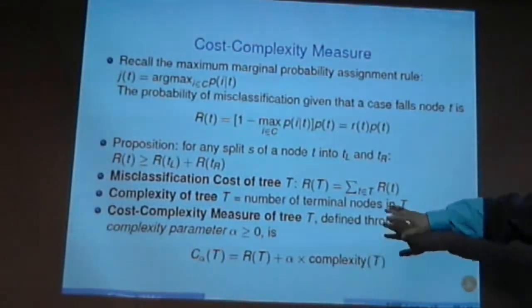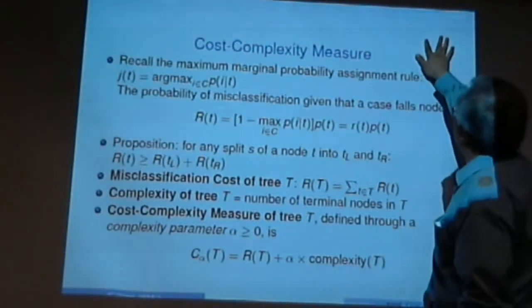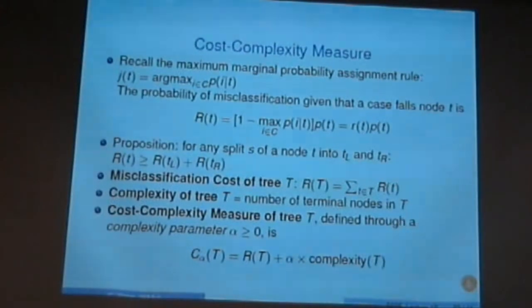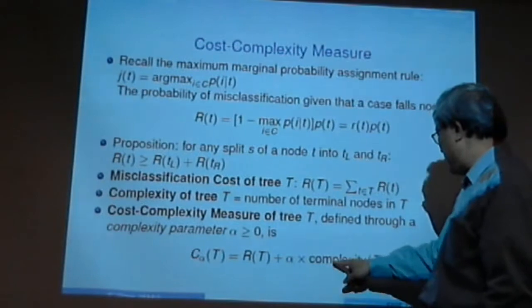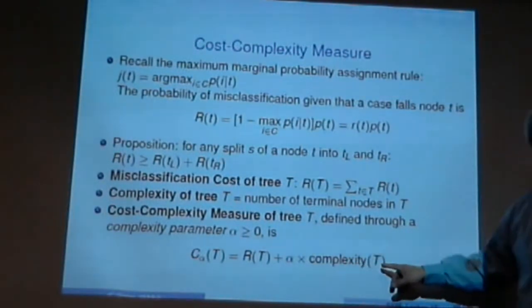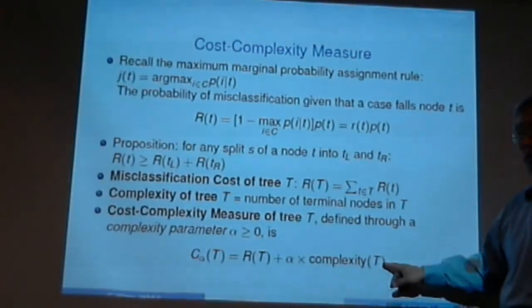On this slide, this is slide number 3, section 2.4. The complexity of a tree is the number of terminal nodes. That's called complexity. So complexity means how many terminal nodes you have in the tree.